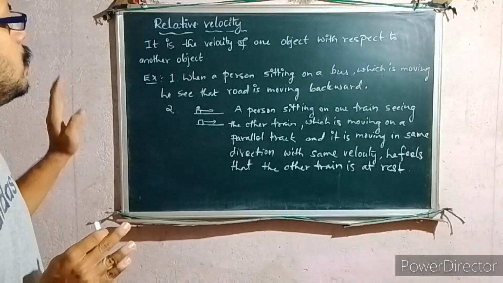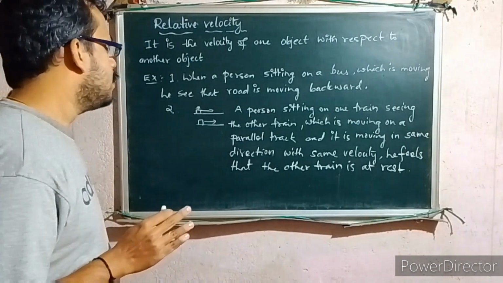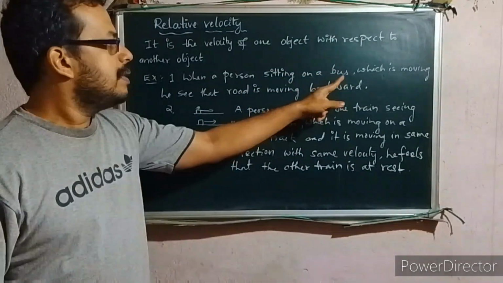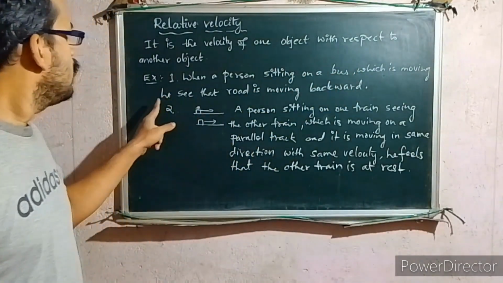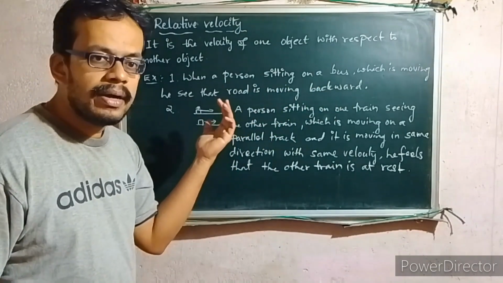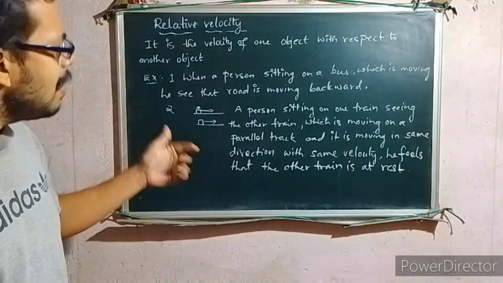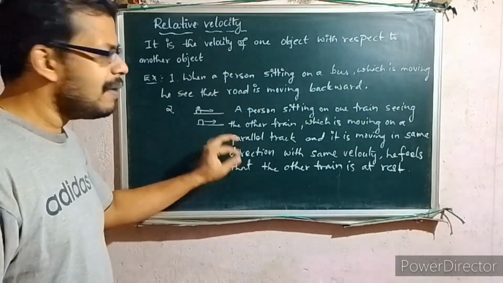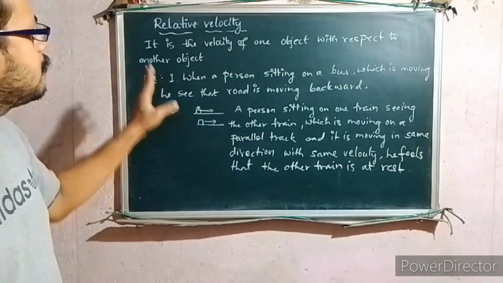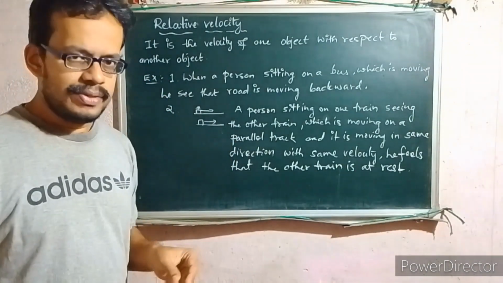So we got two examples here. One is when a person sitting on a bus which is moving, he sees that the road is moving backward. This is due to relative velocity. And the other example that we quoted here, that is also due to relative velocity.